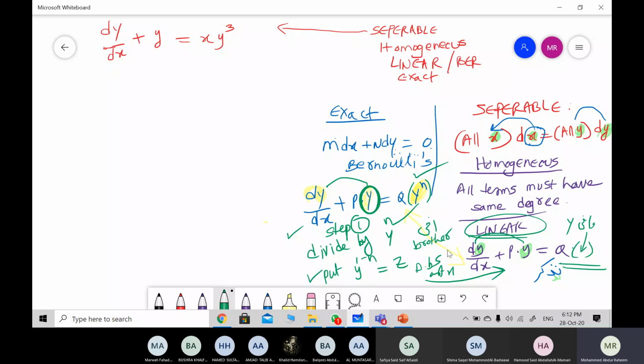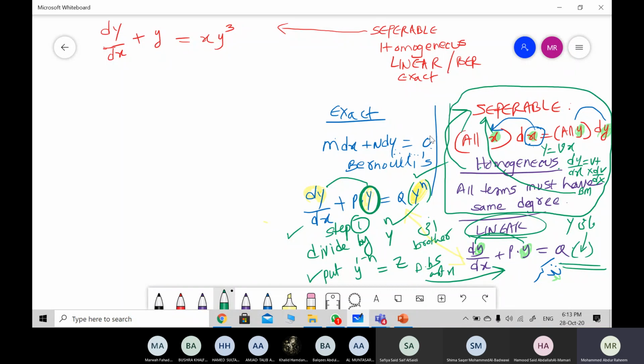You know, these two are also brothers. How brothers? Every homogeneous equation, after writing y as vx and dy by dx as v plus x dv over dx, and after basic math, it will become variable separable. These two are like that. In the same way, linear and Bernoulli are also friends. Understand?